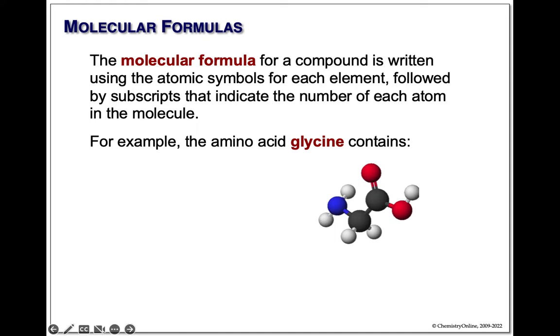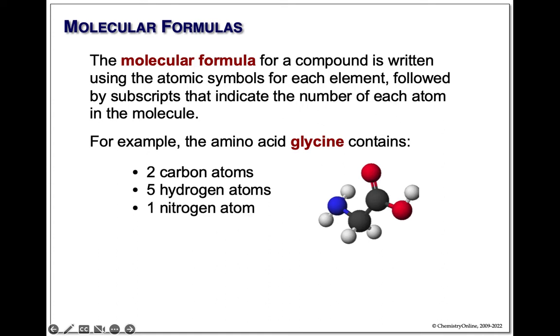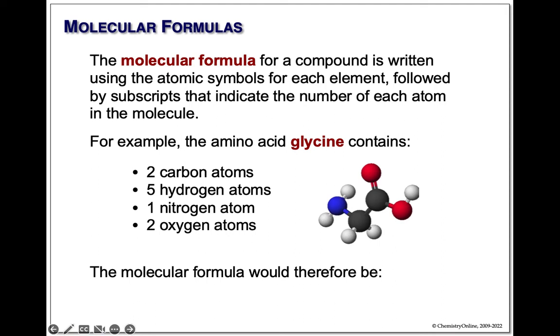For glycine, we have 2 carbons, 1, 2, 3, 4, 5 hydrogens, 1 nitrogen, and 2 oxygens. If we were to write this out, the simplest molecular formula would be something like this: C2H5NO2.